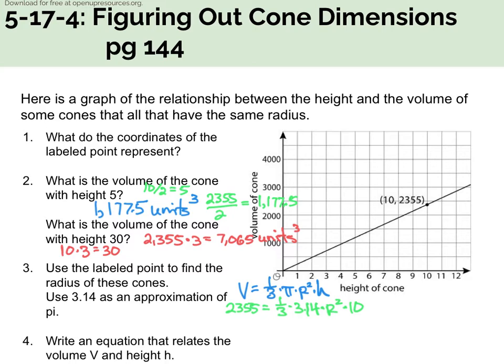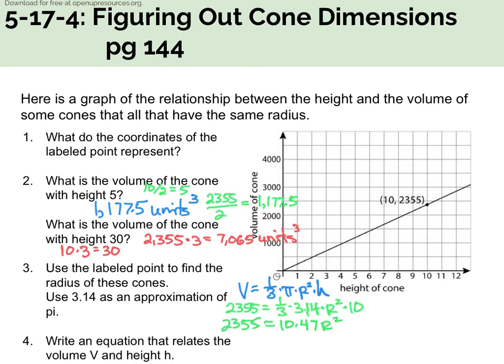On the right-hand side, let's multiply all of these numbers together. So we're going to say 1/3 times 3.14 times 10, and we get about 10.47. We're going to round it to 2 decimal places. So we're going to say 10.47 radius squared, and then 2,355.